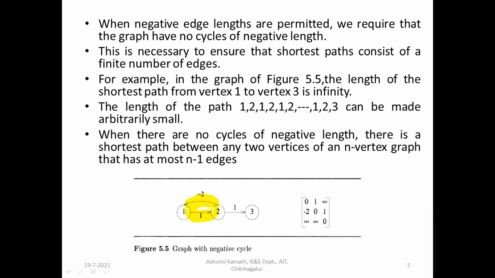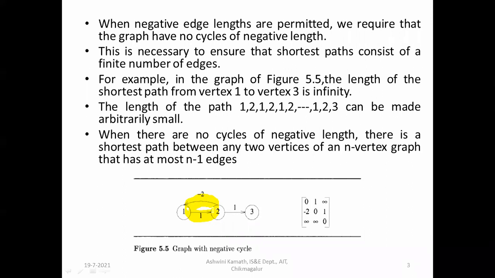The path you can consider is 1 to 2, 2 to 1, 1 to 2, 2 to 1 again. It will continue until we reach 3, and the length can be made arbitrarily small.